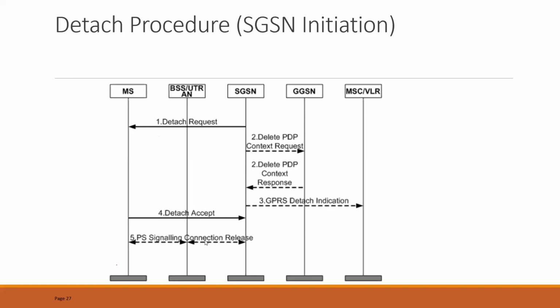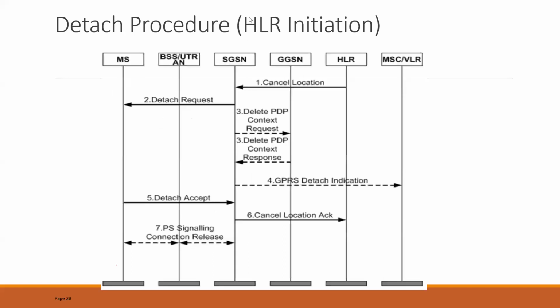So that is a connection that is established between your MSISDN and SGSN after the attach request. If we are talking about connection release, that connection is released once you're detached, because since you are detached, there is no need for you to have a signaling connection with the SGSN. So that connection gets released.